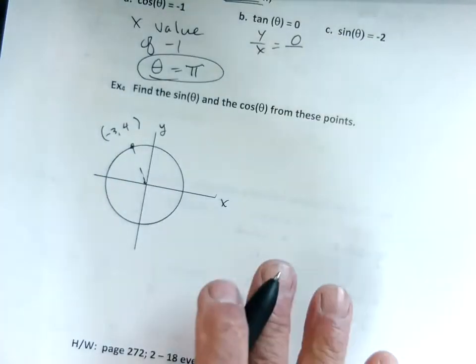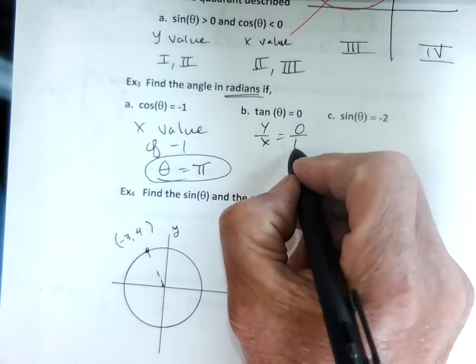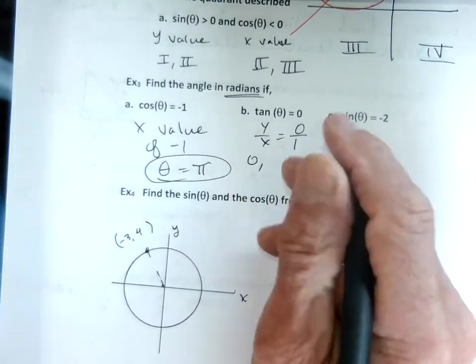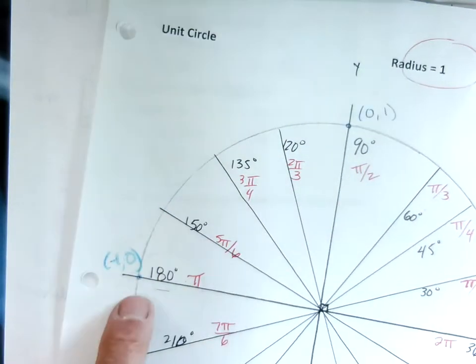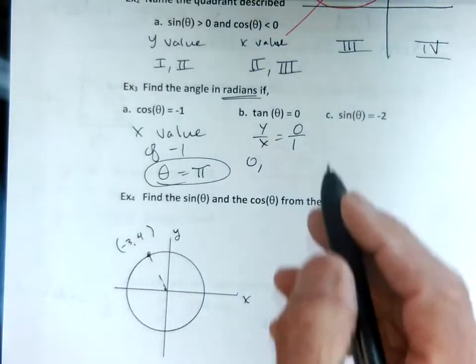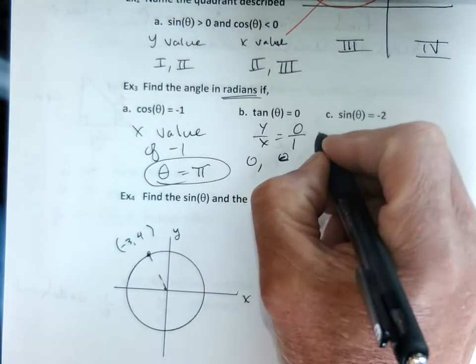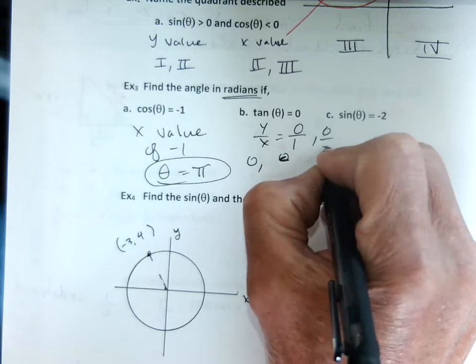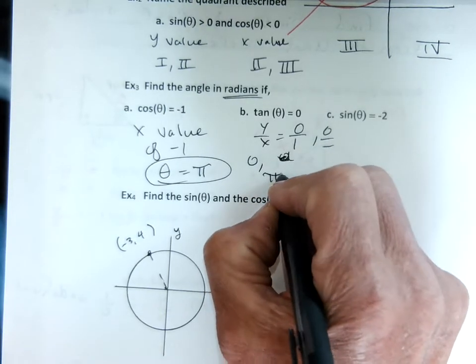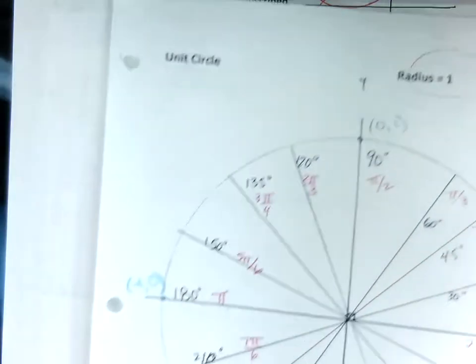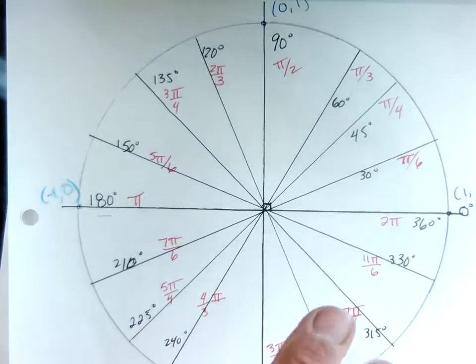It happens at 0 over 1, so at 0 radians, and it also happens here, 0 over negative 1, so it happens at 0 and at pi.